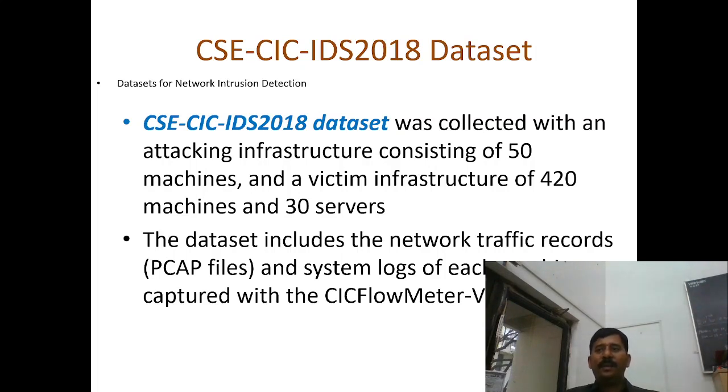Then coming to the next one, this is the CIC IDS 2018 dataset. This particular dataset was collected with an attacking infrastructure consisting of 50 machines and a victim infrastructure of 420 machines and 30 servers. With this, the test bed includes both Windows as well as Linux machines.